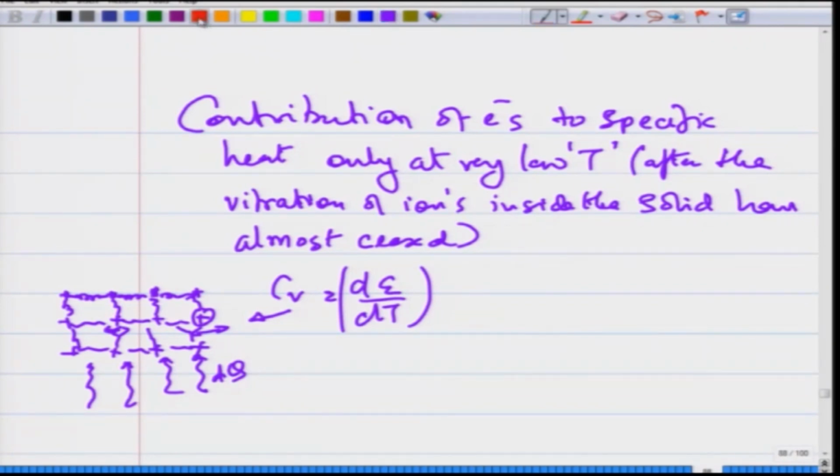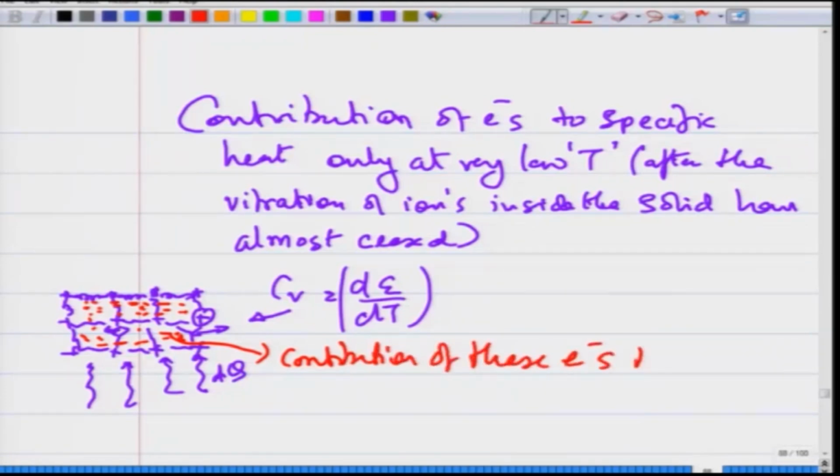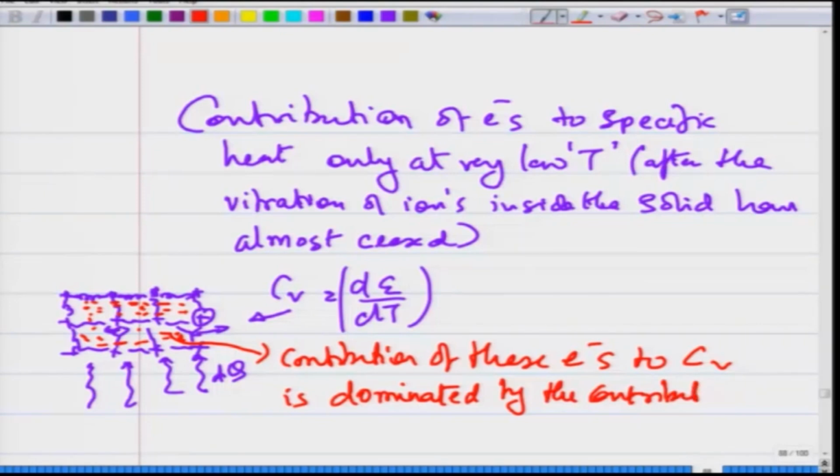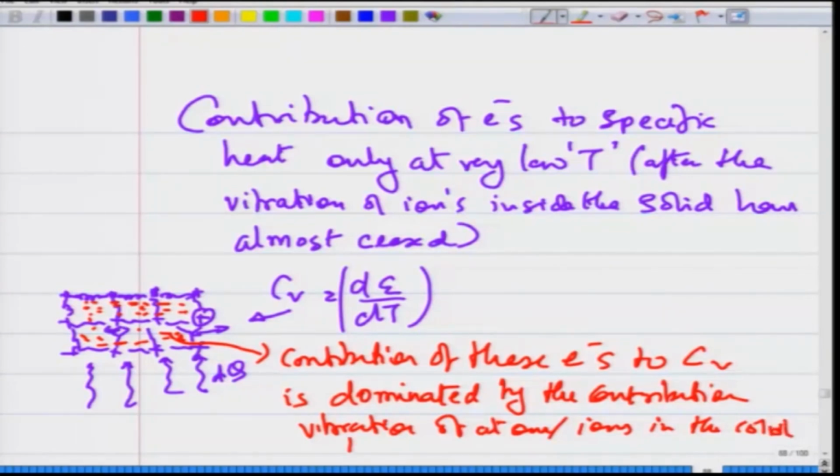So, although you will have electrons present inside this solid, their contribution to specific heat is dominated by the contribution of vibration of atoms or ions in the solid to the specific heat.